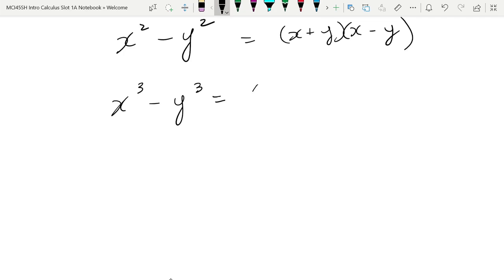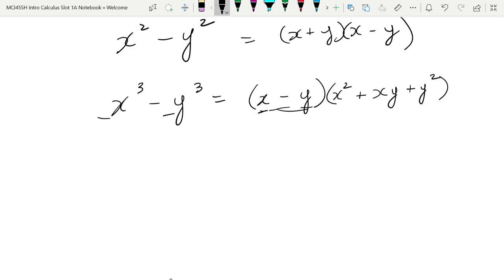You take the cube root of the two terms, you leave the sign between them the same, and then it's the square of the first term, you change the sign between them, you times the two terms together, and then you square the last term. And that works even if there are coefficients here and here, as long as those coefficients are perfect cubes.